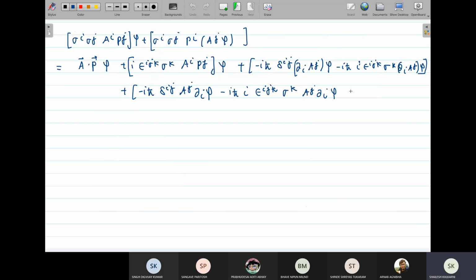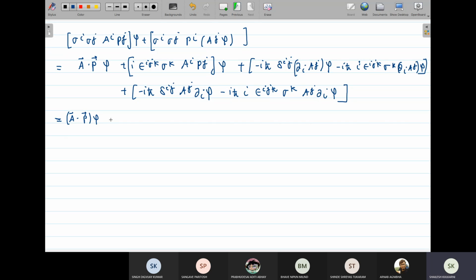Now it's complete. Good. This term a dot p remains as it is.